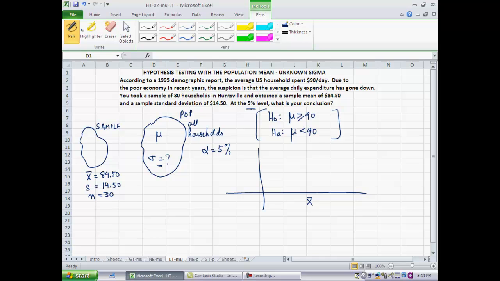So recall that all hypothesis testing starts with the assumption that the null is true as an equality. So what would the world look like if the null were true as an equality?